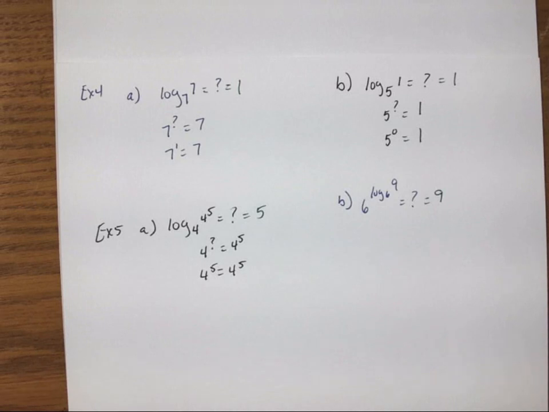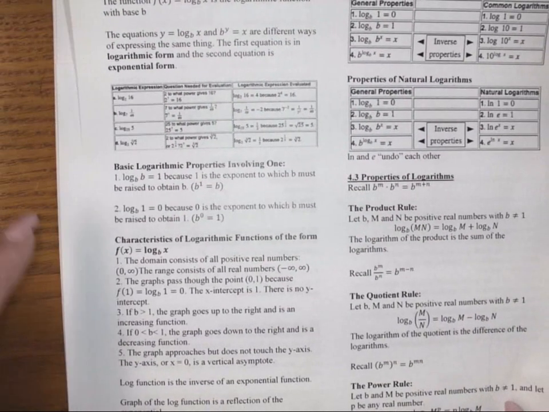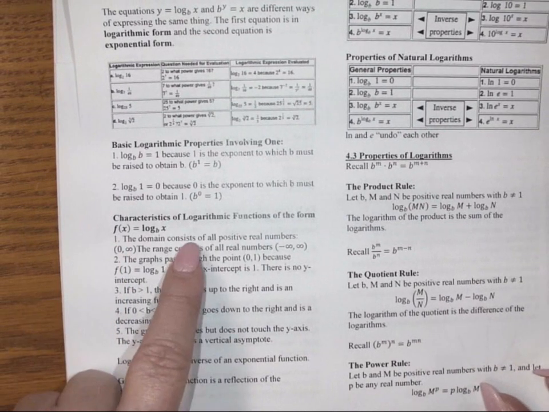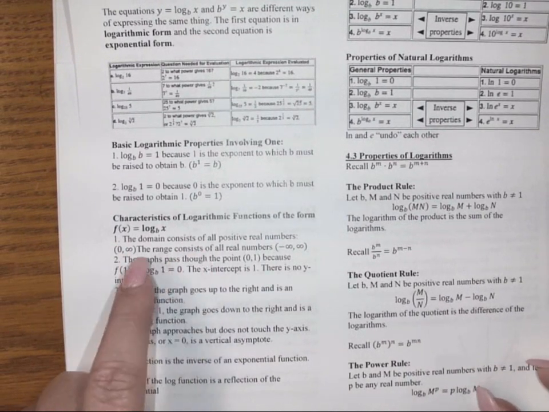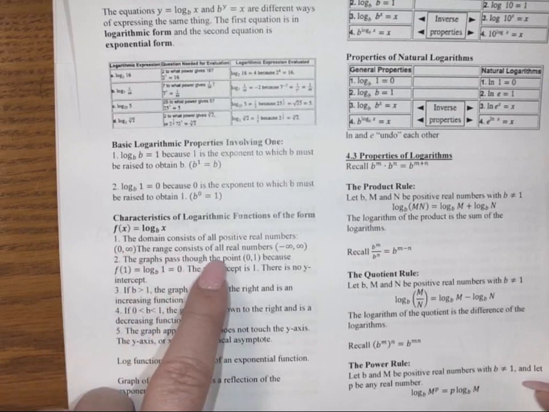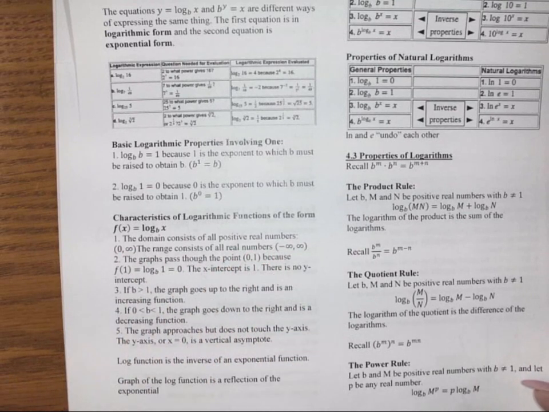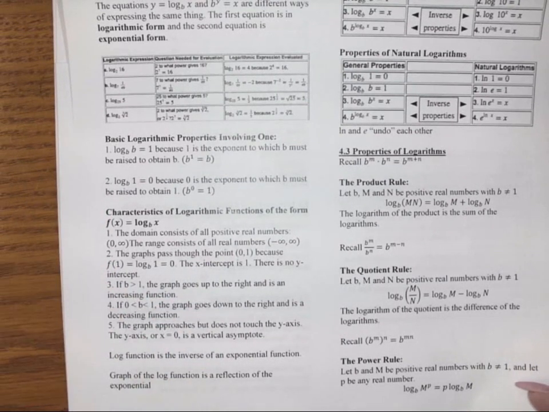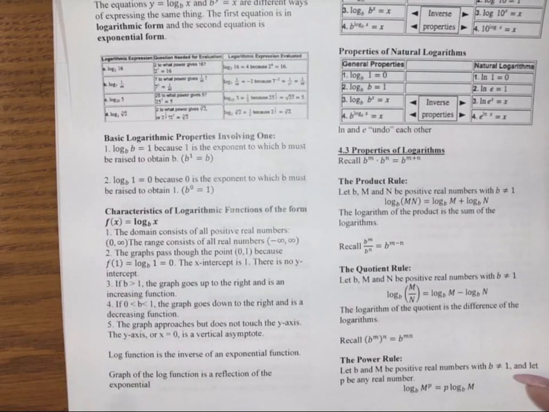So we have some characteristics of log functions of the form f of x equals log base b of x. We've got the domain consisting of all positive real numbers, from 0 to infinity. The range is from negative infinity to infinity. So this is the inverse of what we see in the exponential functions.